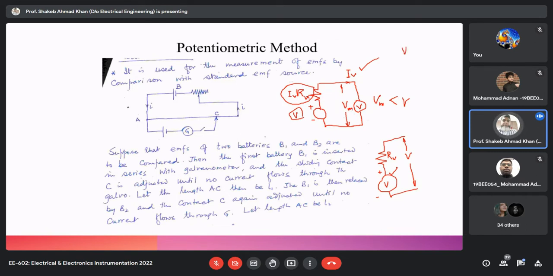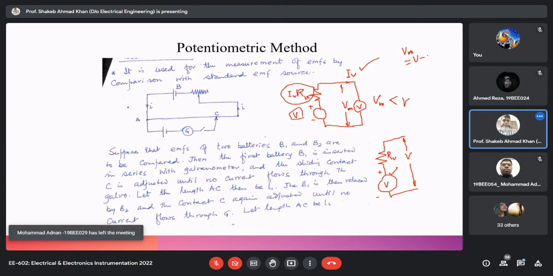So Vm will be equal to V, that is what we want to measure, minus I times Rs.